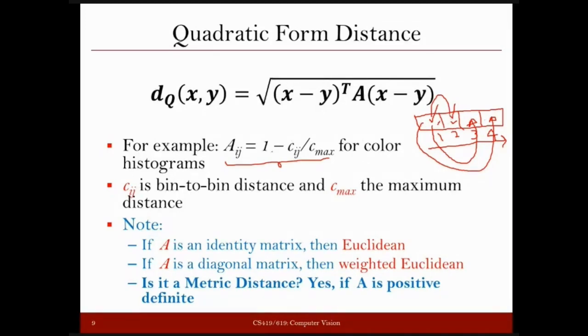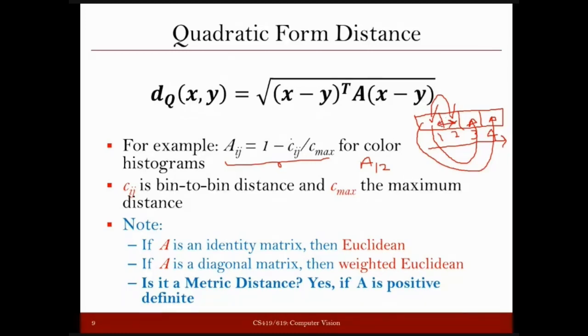So if you keep all these values here, let's try to compute the value of A12. For A12, what will be the value of C12? It is 1, right? You just subtract the indices of these values.